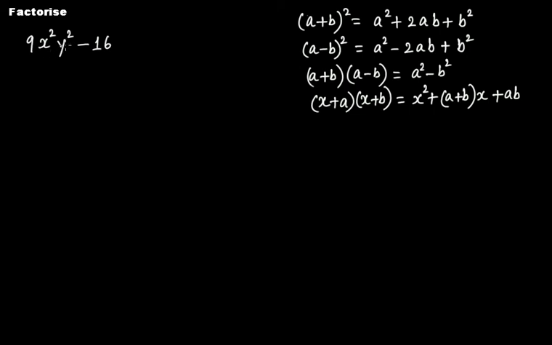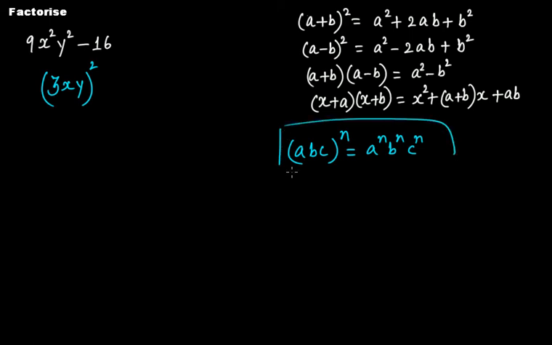9x squared y squared minus 16. Okay, so this can be written as (3xy) whole squared. Why? Because (abc) raised to power of n is equal to a raised to power of n, b raised to power of n multiplied by c raised to power of n. The laws of exponents we have applied here. So (3xy) whole squared minus 4 squared.